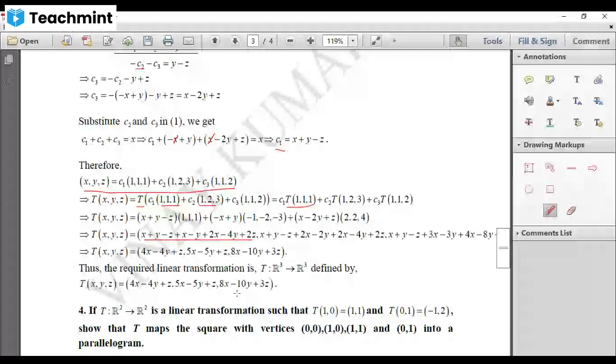After addition, then x plus y minus z into 1, x plus y minus z, then plus minus 2 into minus x is plus 2x, minus 2 into y is minus 2y, plus 2 into x is 2x, 2 into minus 2y is minus 4y, plus 4 into z should be 4z.